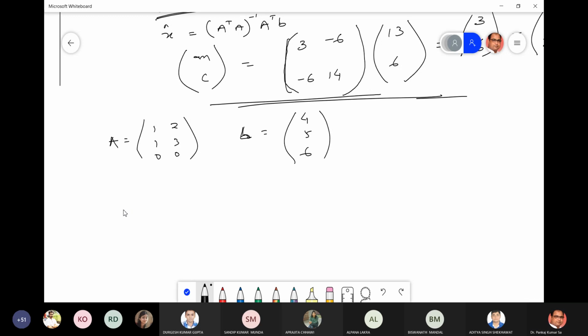So the column space of this A, these two column vectors, they lie in the XY plane. And this B vector is something like this here.